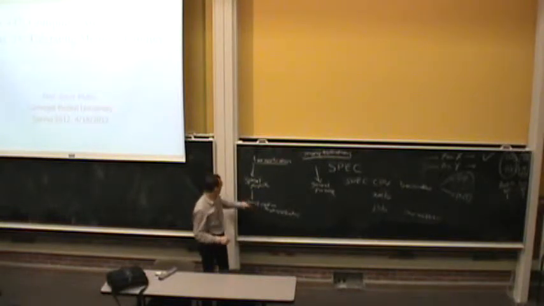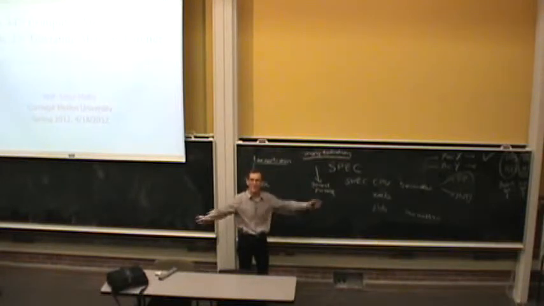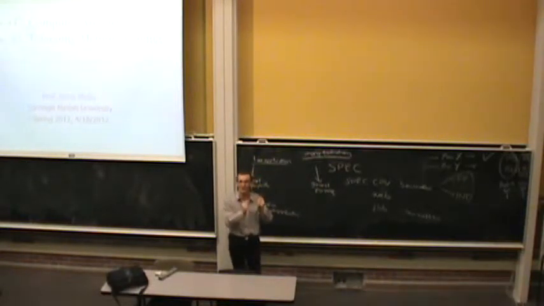So that's the idea. With special purpose, you get good performance on one application. And if that's the only application you care about, that's great. But you don't get good performance on other applications. With general purpose, you get good average performance on many applications, but you don't get the best possible performance on any application, if you will.